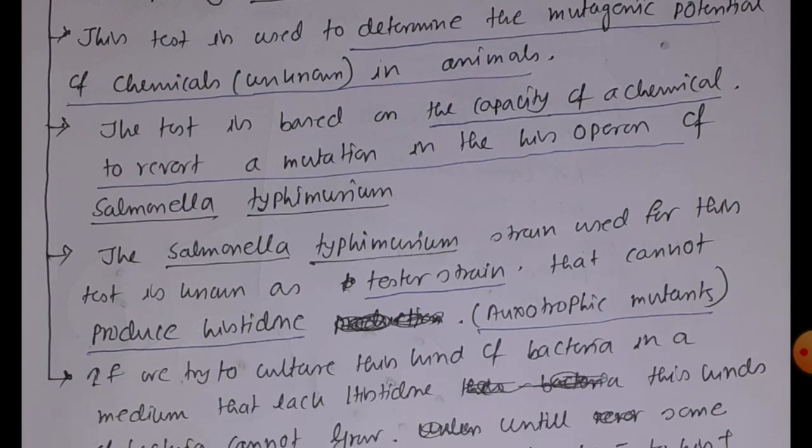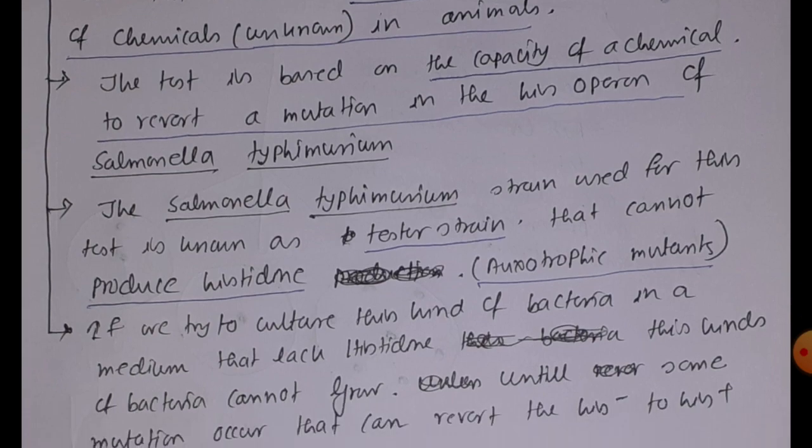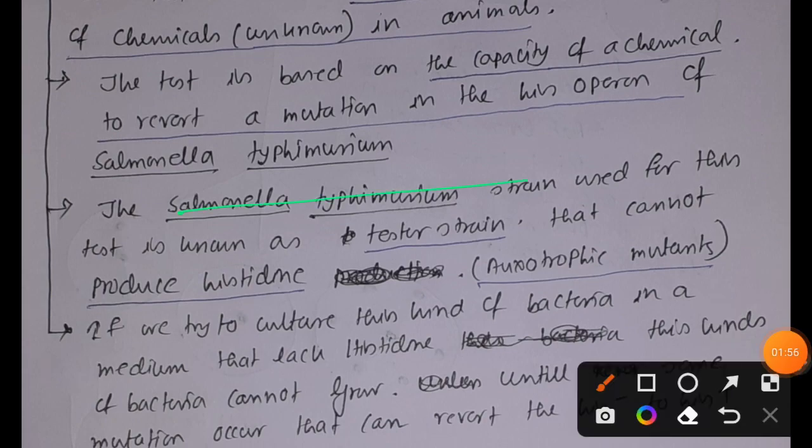Now the question is, what do you mean by auxotrophic mutants? Auxotrophic mutants simply means this kind of bacteria lacks the ability to produce some essential nutrients. Here the auxotrophic mutants of Salmonella typhimurium cannot produce histidine.